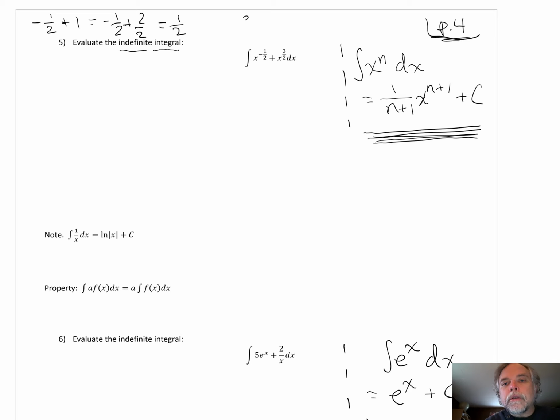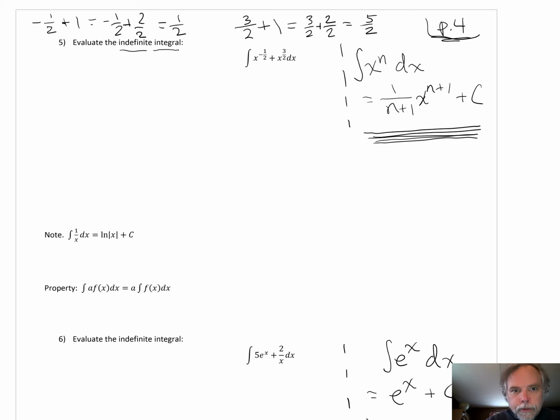The other n plus 1 is for the other term, x to the 3/2, where n is equal to 3/2. So we'll have 3/2 plus 1, which is 3/2 plus 2 over 2, which equals 5 over 2.